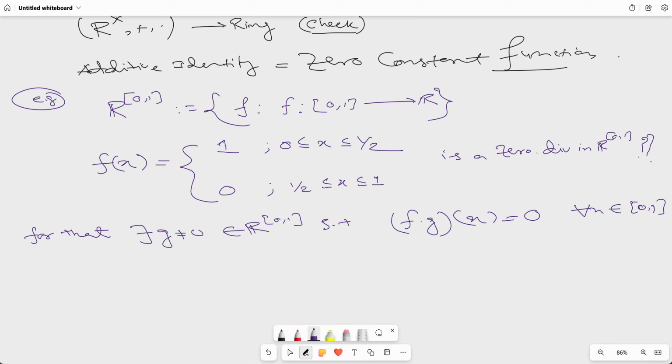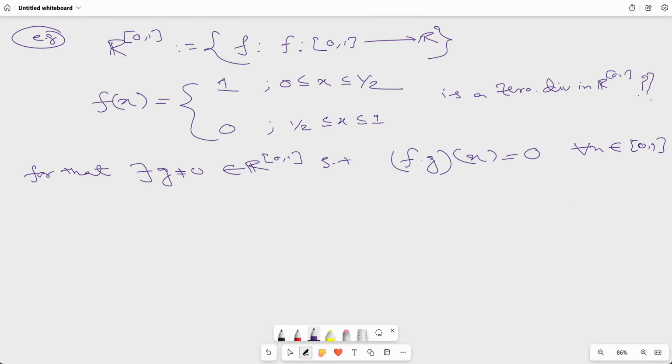Can you take one function g(x), arranged in such a way that whenever f is 1, you take g to be 0 in the same domain, 0 ≤ x ≤ 1/2, and whenever f is 0, you take any non-zero number, suppose 1, whenever 1/2 ≤ x ≤ 1.